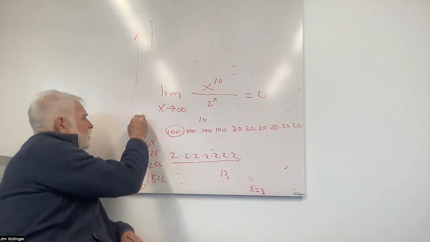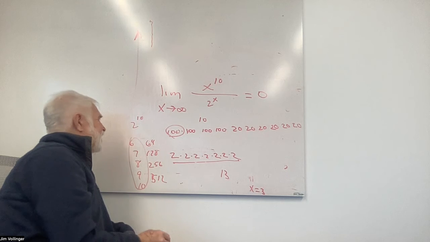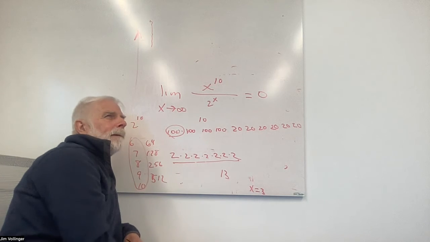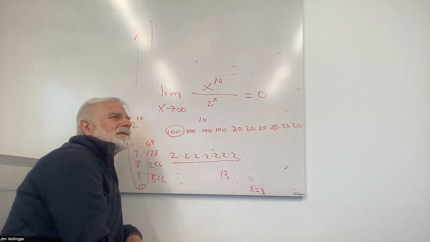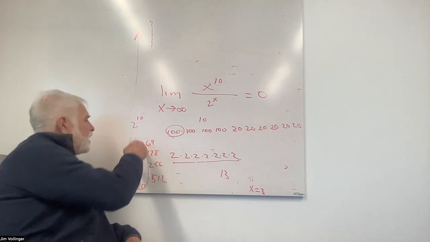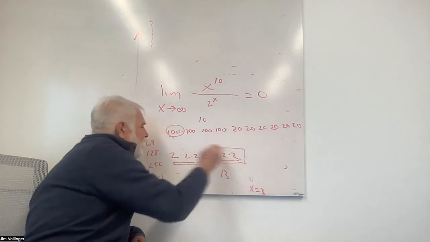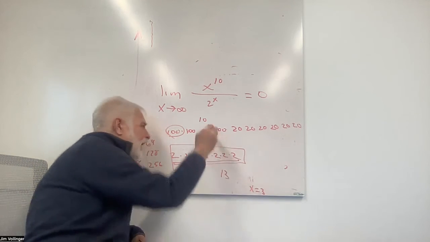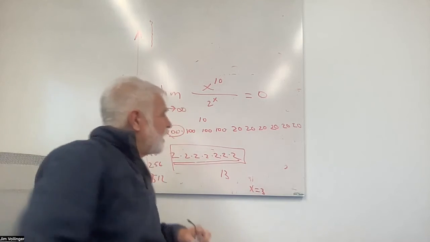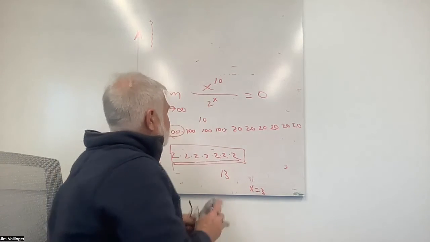If I do 2 to the 10, I'm already at 1,000. If I do 100, I'm getting lost in the size of infinity. Needless to say, I'm going to get a number here that is astronomically bigger than that one. All right, late in the day, I get a little tired, but that overtakes that.